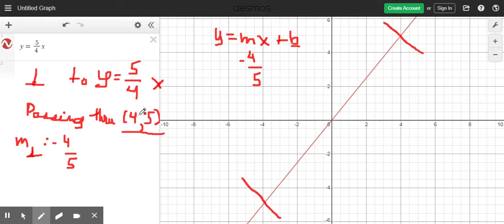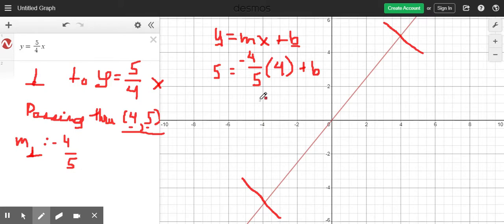So we'll replace the x with 4 and the y with 5 and solve for the b. So this y right here, we're going to replace with the 5 from that point, and we'll replace the x with 4, and then we'll say plus b.